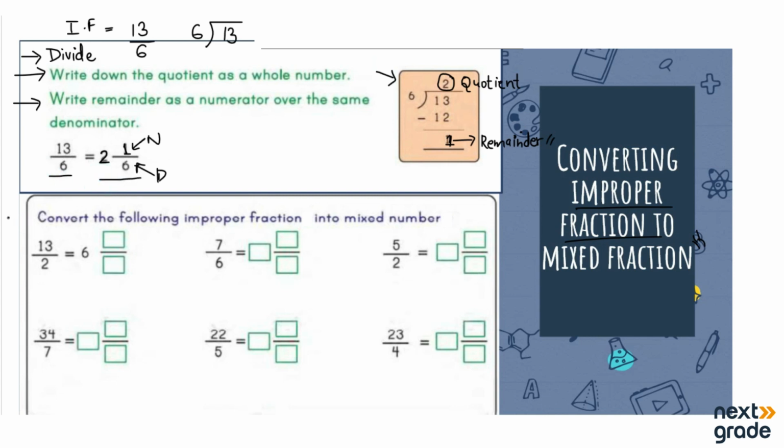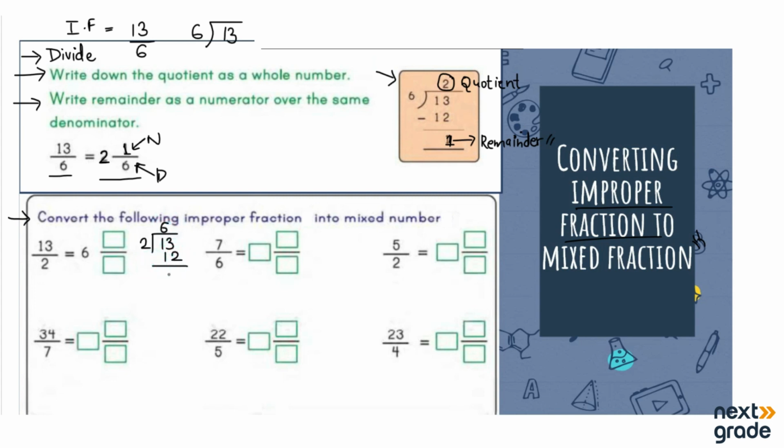Let's solve some of the questions from the exercise to understand this concept better. We have 13 over 2 over here. The first step is to divide. So let's divide 13 over 2. 2 3s are 6, 2 4s are 8, 2 5s are 10, and 2 6s are 12, right?